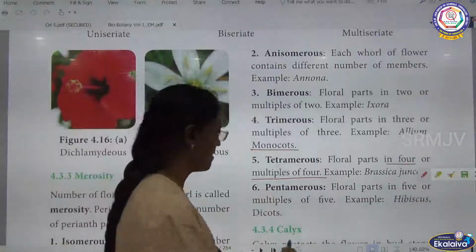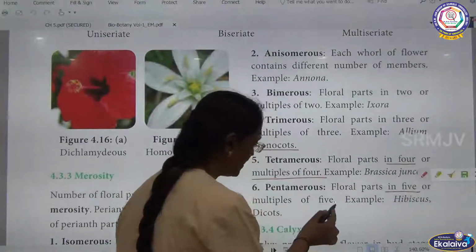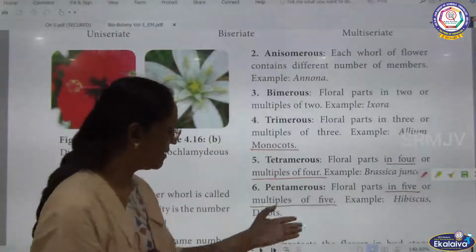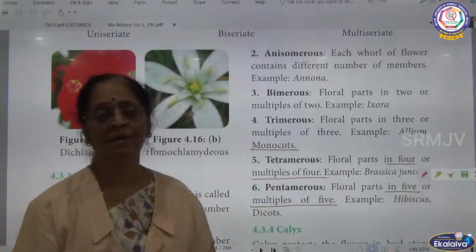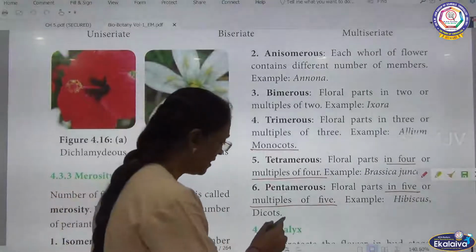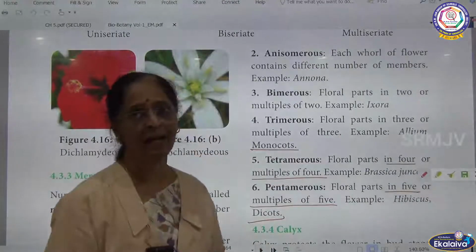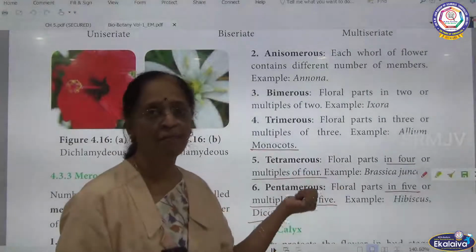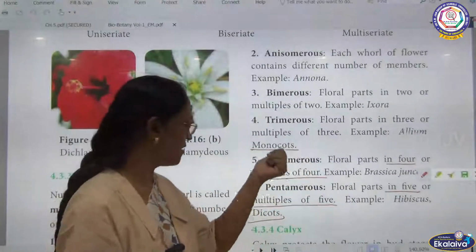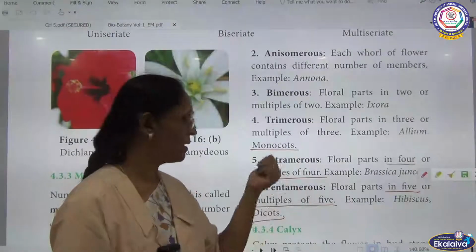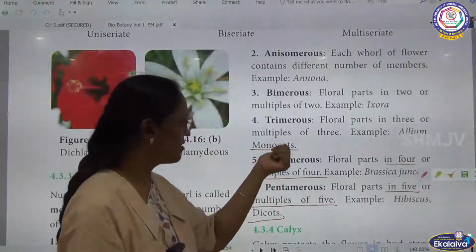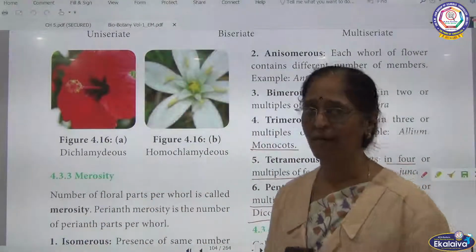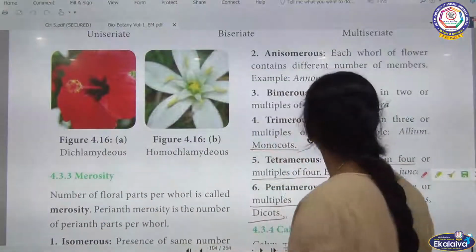And if it has 5 or multiples of 5, you call it pentamerous, and this you will find in hibiscus. In dicots, the flower may have either 4 or 5 or their multiples, so it may be tetramerous or pentamerous. So, trimerous you will find in monocots, tetramerous and pentamerous in dicots.